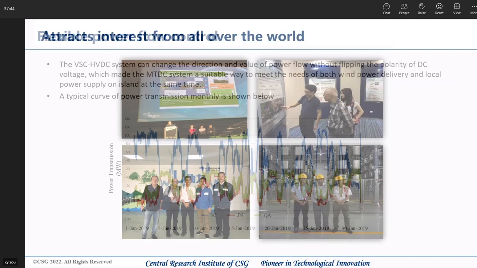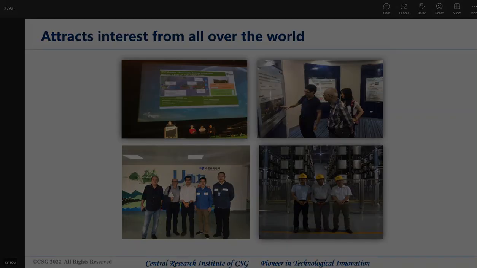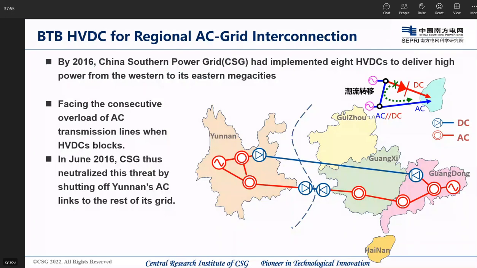The world's first multi-terminal VSC attracts interest from all over the world. By 2016, CSG has implemented 8 HVDC to deliver high power from western to eastern cities. So we are facing consecutive overload of AC transmission lines when HVDC blocks.